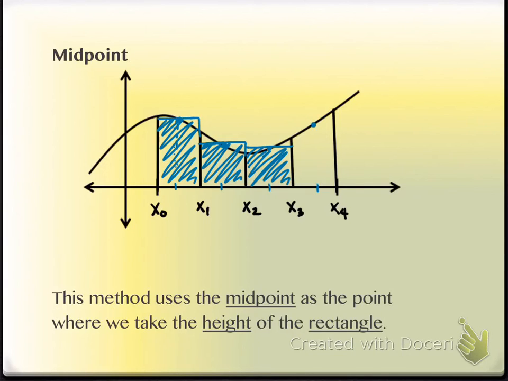And this point right here is the height for this rectangle. So you're using the midpoints instead of using the left endpoint or the right endpoint. And we have an example of just that.